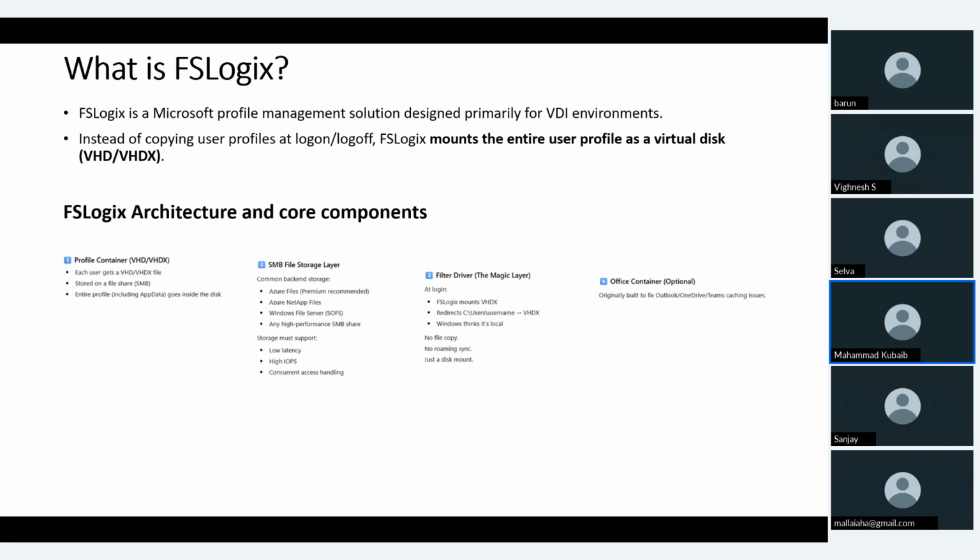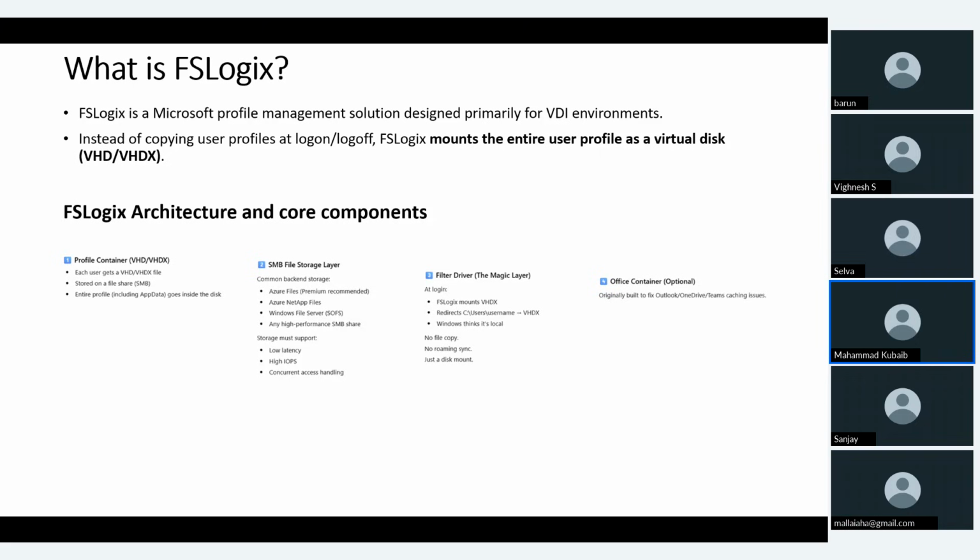But here in FSLogix, the entire profile will get copied to your VHD, the FSLogix profile. There is a mechanism if you want to exclude something. Let's imagine you don't want to add any cache to your profile, then you can do some redirection or exclusions, which we will talk about later.